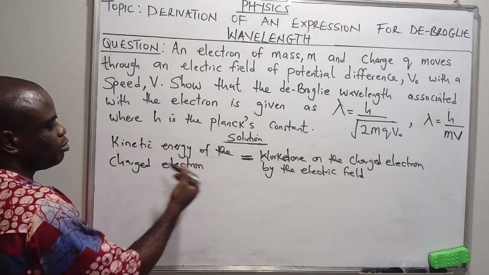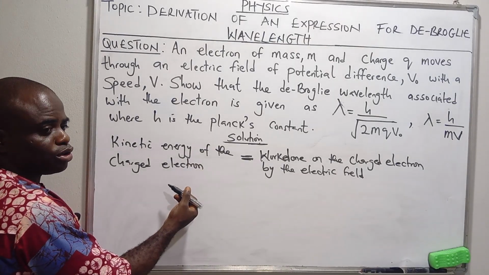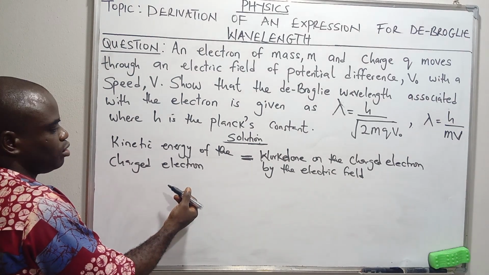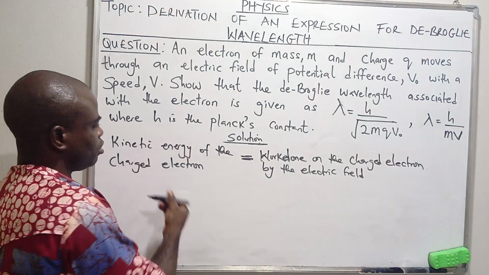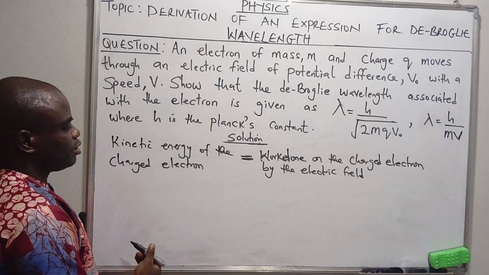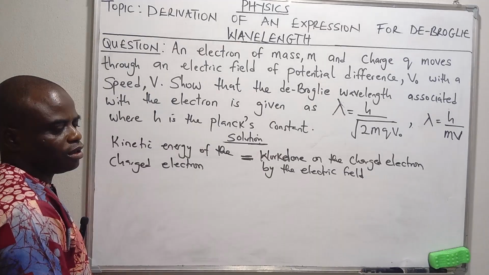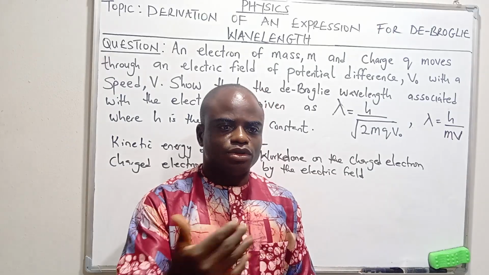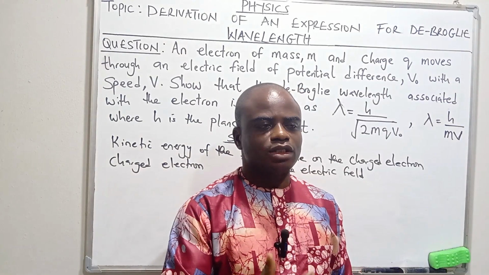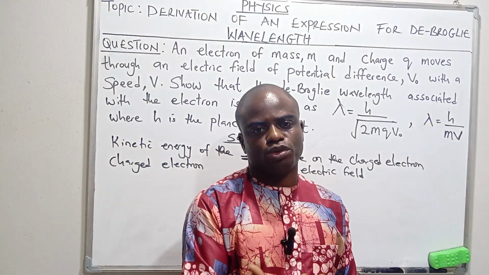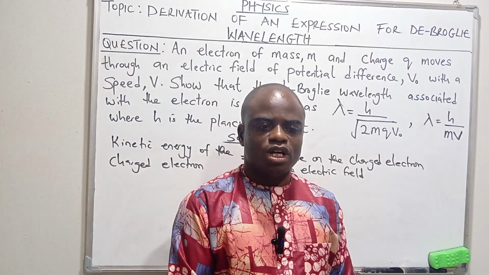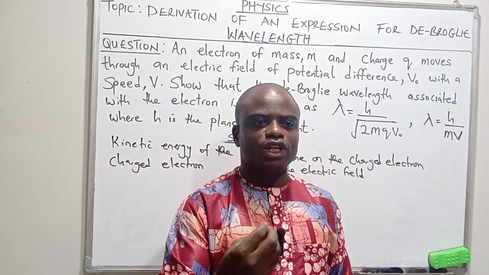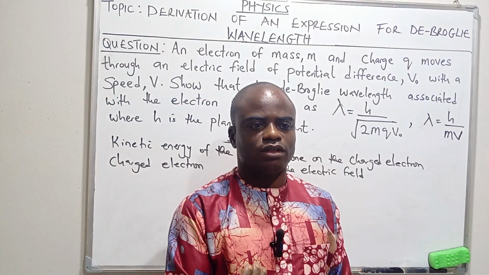When an electron is charged and in motion, there will be kinetic energy. Let me give you an example. In our household electricity, you can see that the bulb glows, it lights up, and before it lights up, there is movement of electrons in the wire.